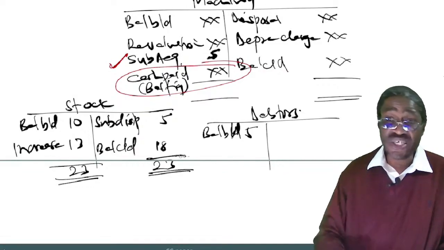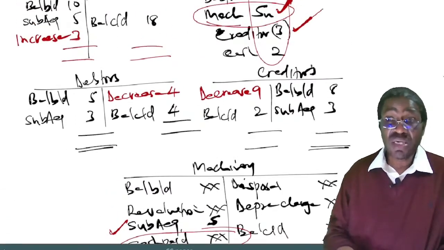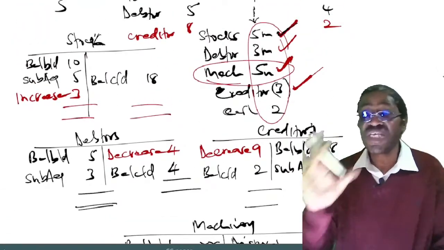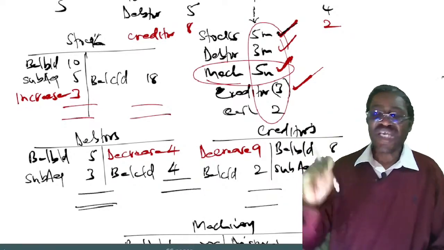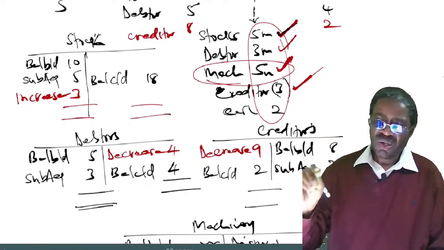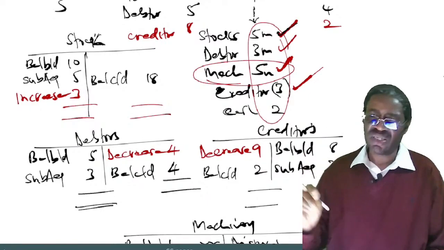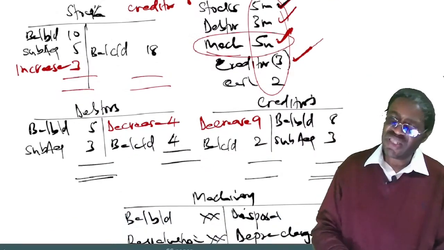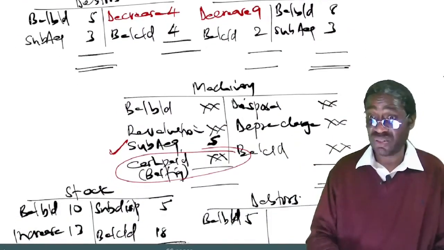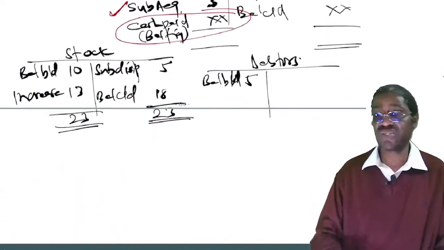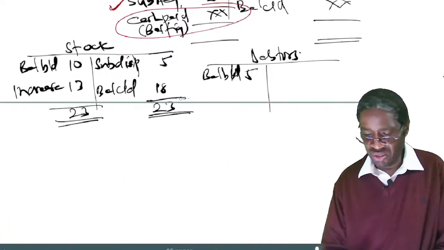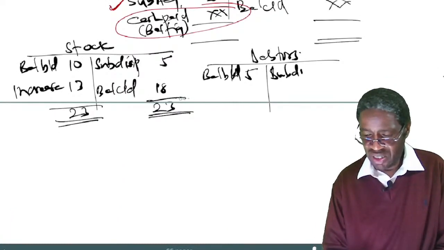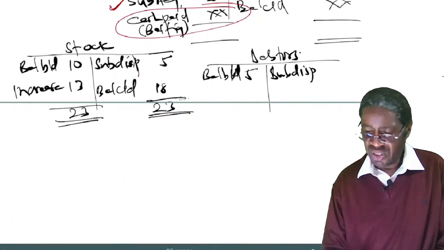Then go to the additional information. You say we disposed a subsidiary. It left the group with its own bunch of debtors amounting to how much? 3 million. That made the debtors of the group go down. So we reduced the debtors by that 3 million. You come and say here subsidiary disposed 3 million.